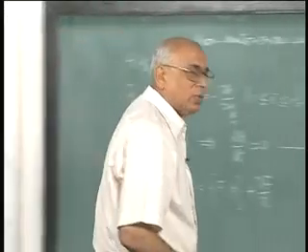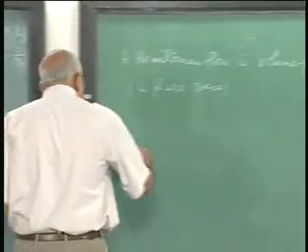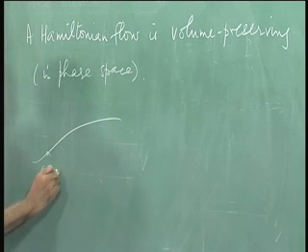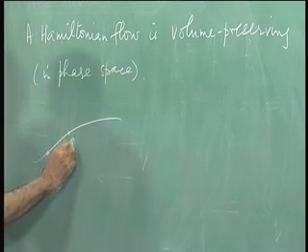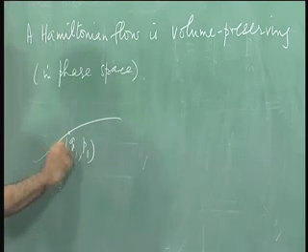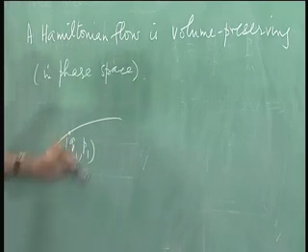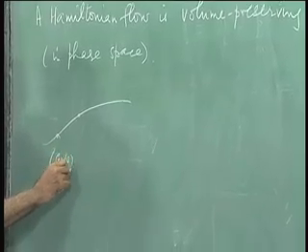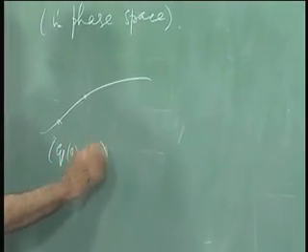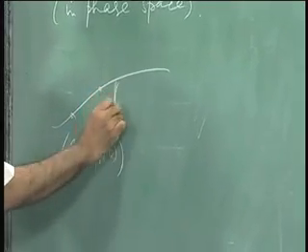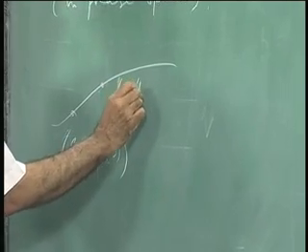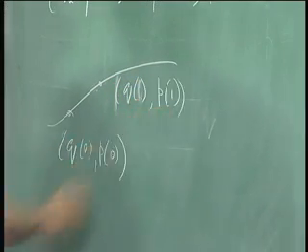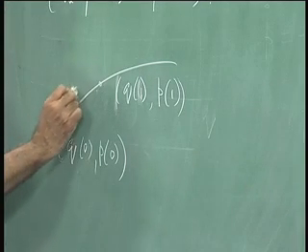And that is not hard to see, because suppose you took some point here, this is your initial point Q0, P0, and you went to some point Q1, P1. Let us call it Q at time 0, P at time 0, and it went to a point which is Q at time 1, P at time 1, a little time delta t later.